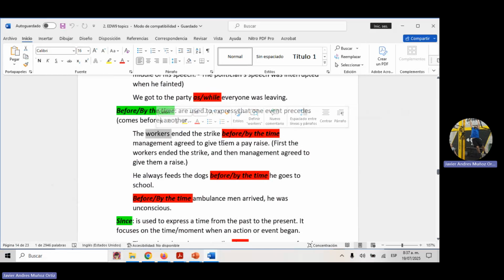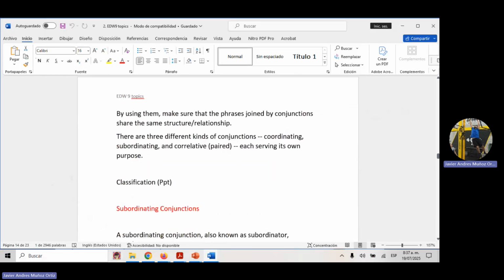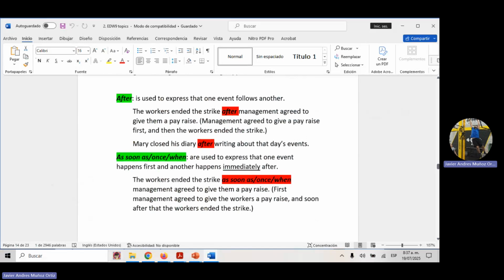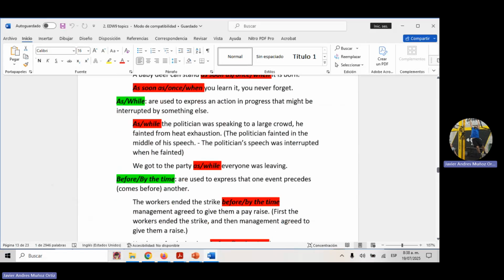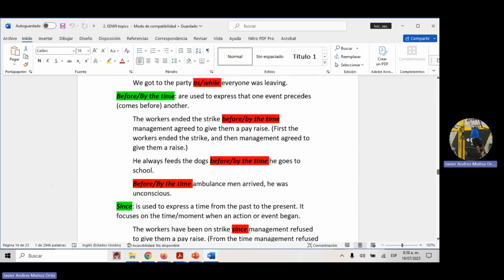This is the first situation, and the second situation is that they sign an agreement. In the previous example, with after and as soon as, they first sign an agreement and then the workers go to work. So this is the difference between after and before. Okay? So the order of events.